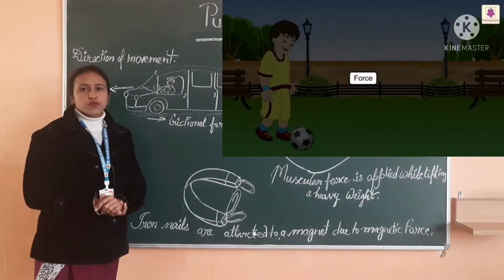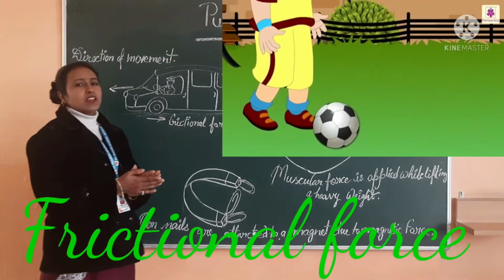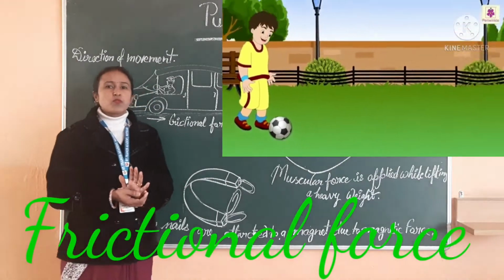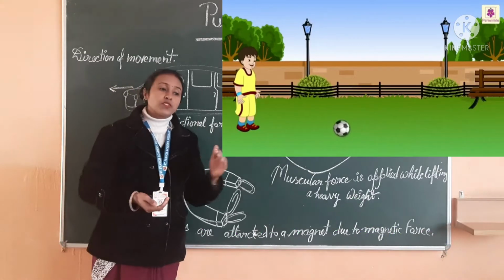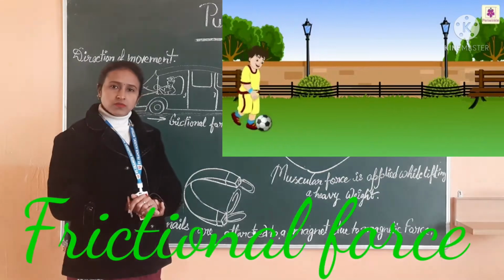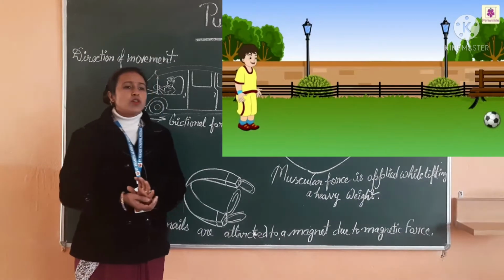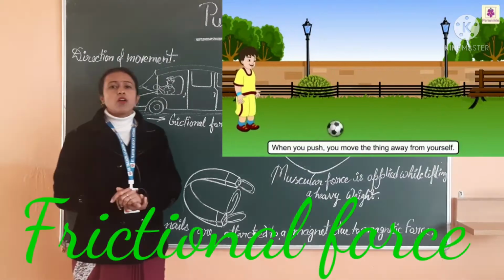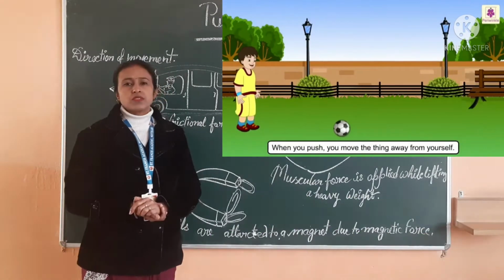Frictional force. The next force is frictional force. Have you thought about how you walk smoothly anywhere, or why sometimes you fall down? Why does this happen? Why, when you throw a ball on the ground, does it stop after some time?